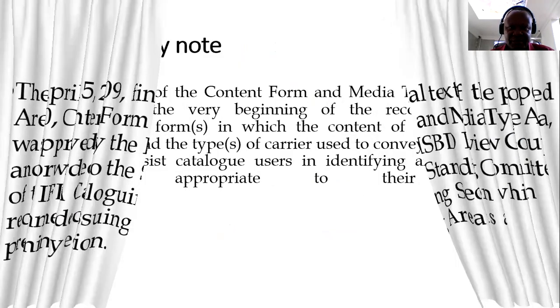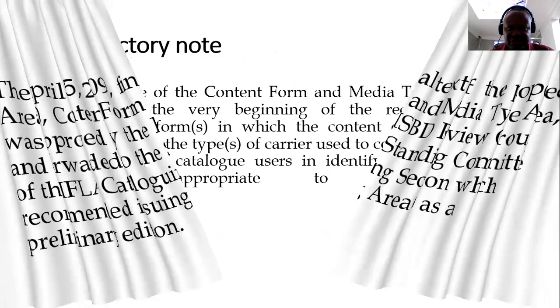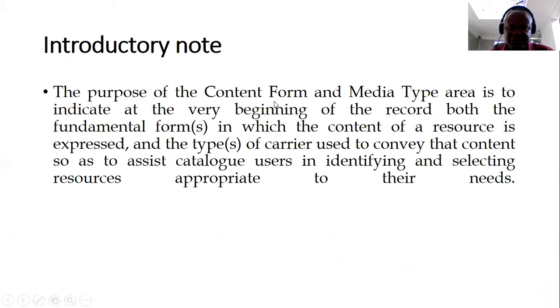Then, as some introductory notes, the purpose of the content form and media type area, which is Area O, is to indicate at the very beginning of the record both the fundamental forms in which the content of a resource is expressed and the types of carrier used to convey that content.